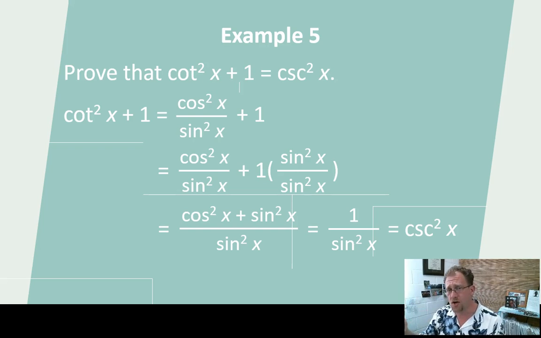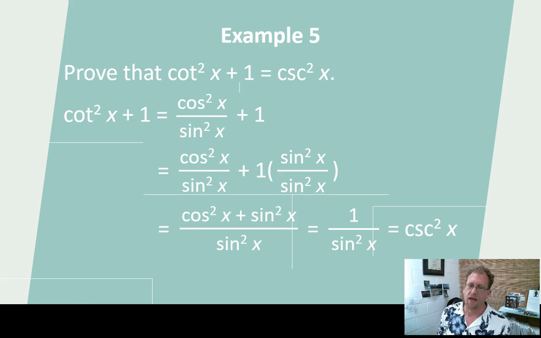Tangent is sine over cosine, so cotangent is cosine over sine. So cotangent squared x is cosine squared x over sine squared x, plus 1.